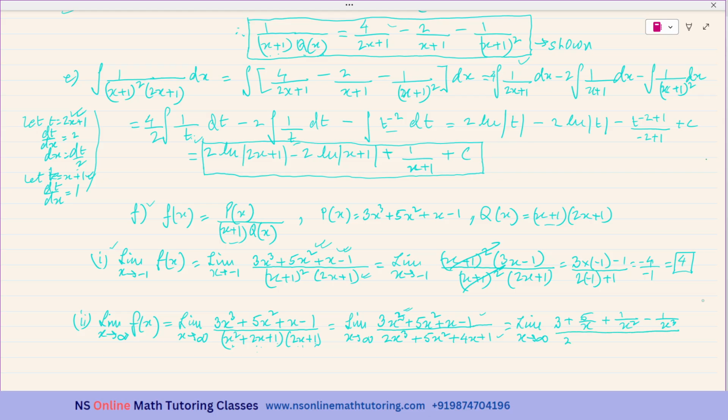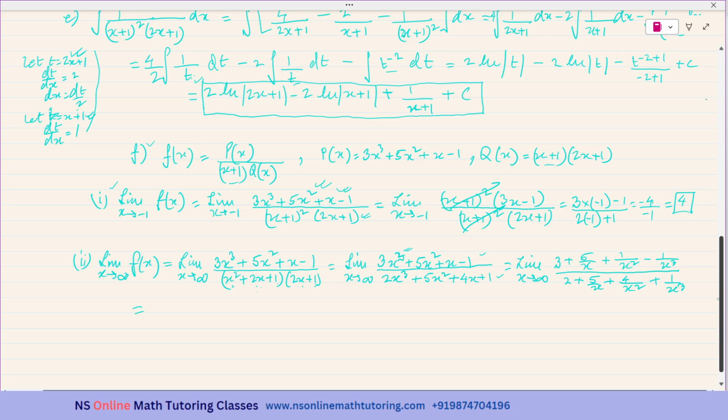Divided by 2 plus 5 over x plus 4 over x² plus 1 over x³.